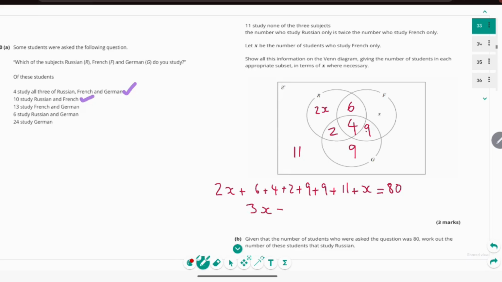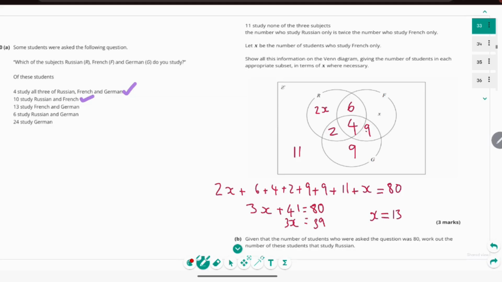Then we got 3x plus 6, add 4, add 2, add 9, add 9, add 11, 41. And I'm going to subtract 41 from both sides, which gives us 3x is equal to 39. Divide both sides by 3, x is 13.